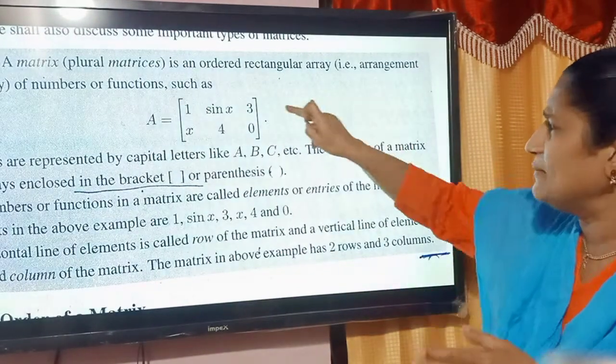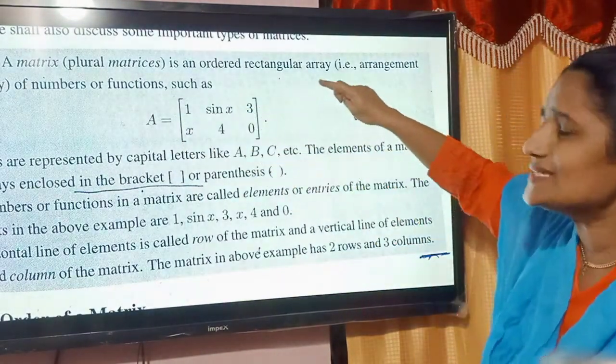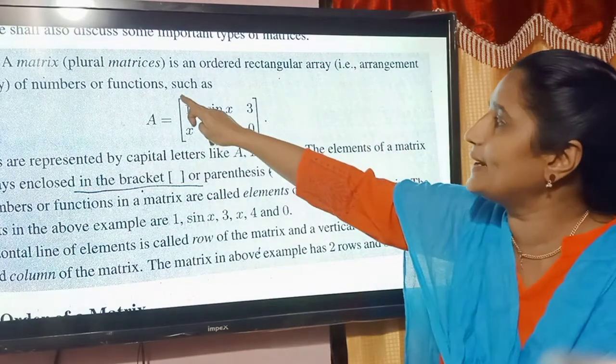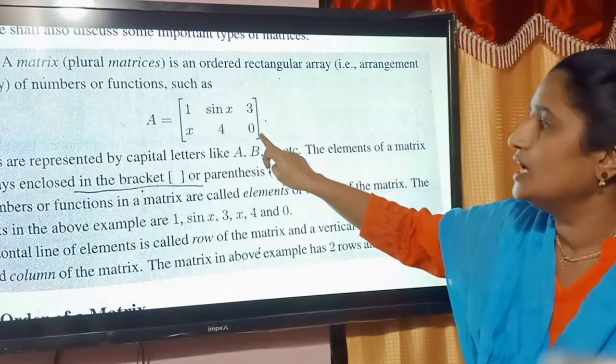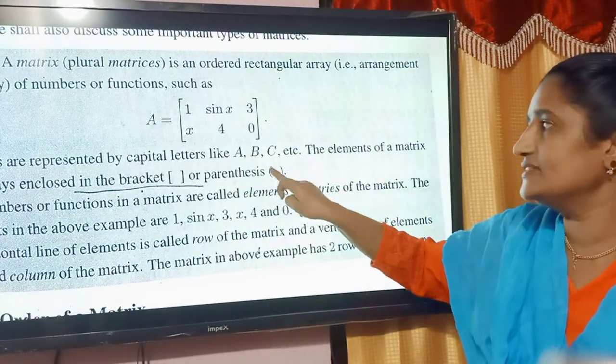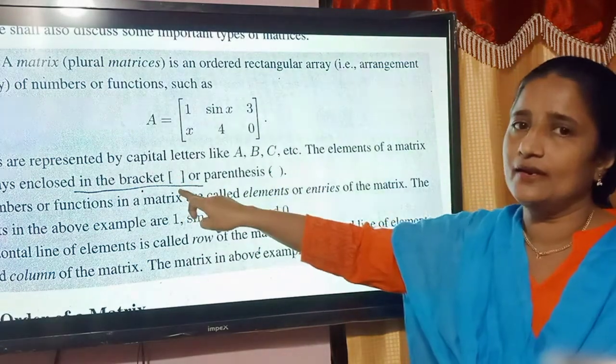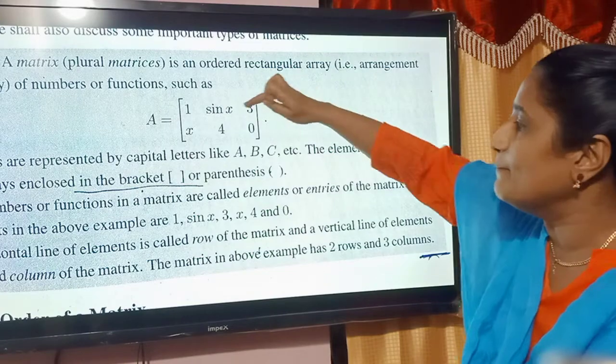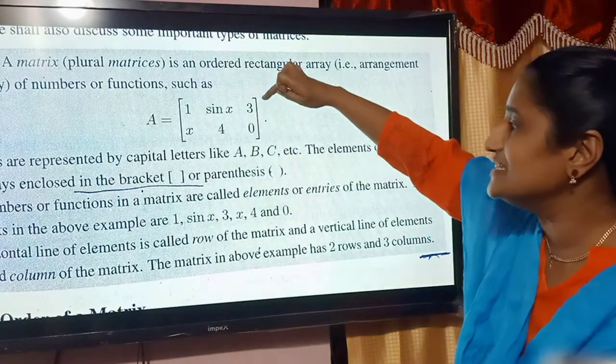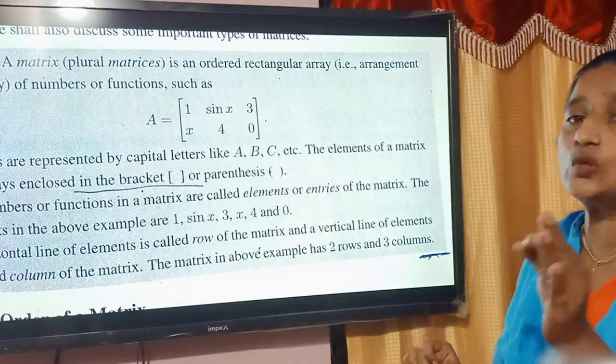The elements of the matrix are always enclosed in a bracket. This is a notation, bracket or parenthesis. This is another symbol, parenthesis, but mostly we use the first symbol for the matrix. The numbers or functions of this matrix are called the elements or entries.